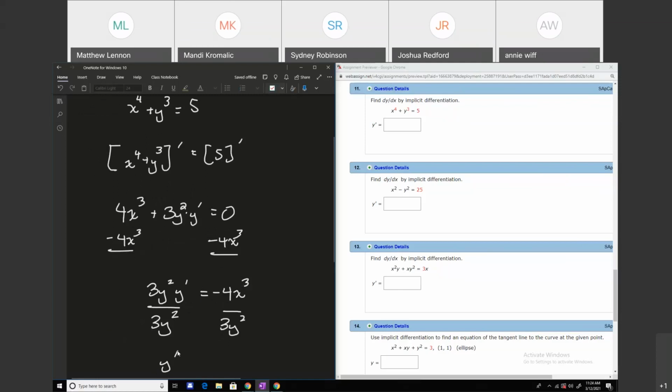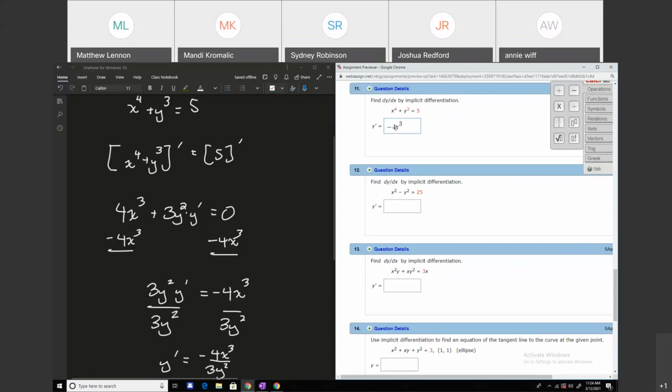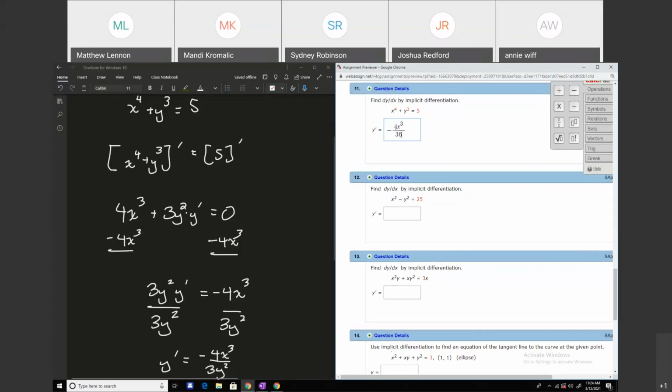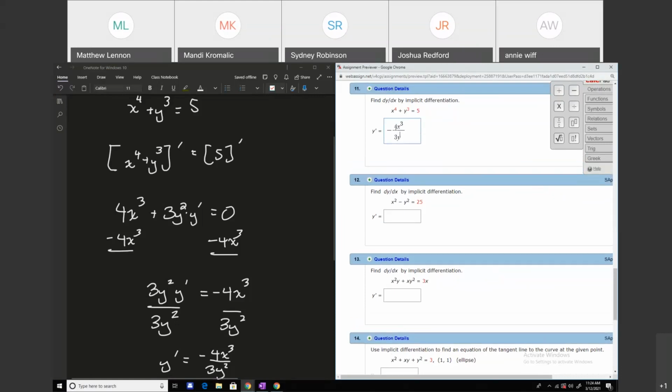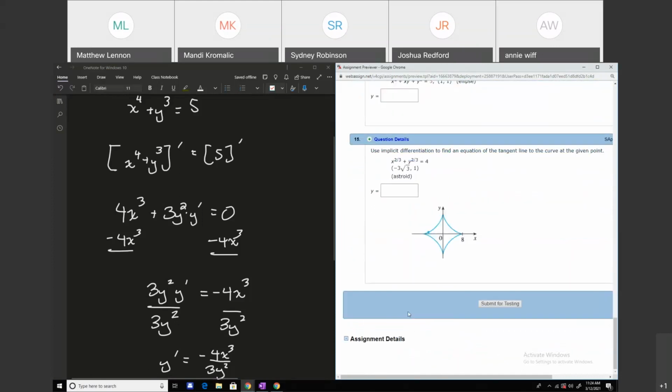So we have y prime is minus 4x cubed over 3y squared. And that should be all you need. Number 11 here, minus 4x cubed over 3y squared. Go ahead and check that.